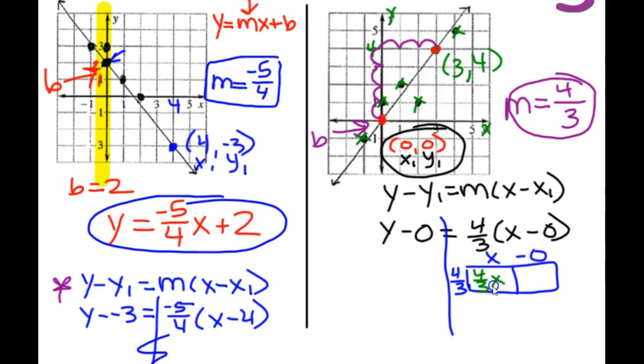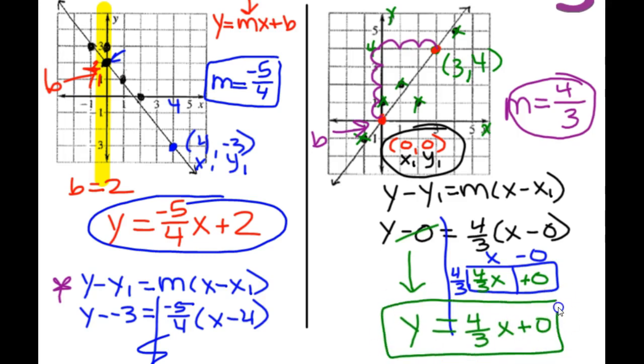So 4/3 times x is just 4/3 x. Anything times 0 is 0. So I have y minus nothing, which is really just y, we don't really need that minus 0, equals 4/3 x plus 0, which is exactly what we said b was over here. In the form y equals mx plus b, b is 0, because we begin on the y-axis at 0.